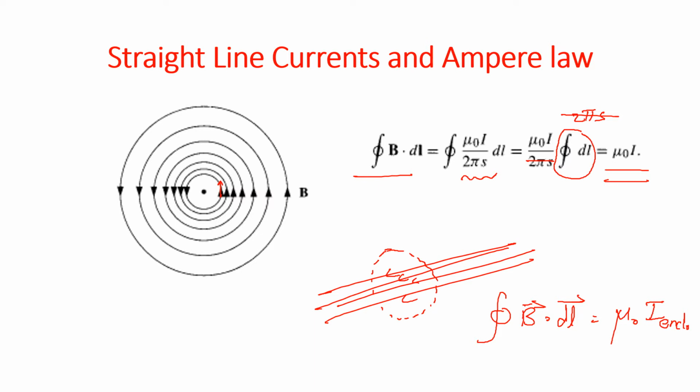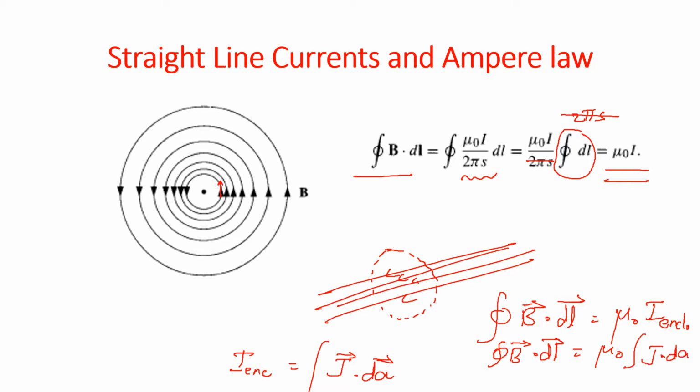Now we can write I enclosed equal to integral J dot dA. Applying this into the above equation and using the Stokes theorem, we learned many such theorems before starting the electrodynamics lessons. So first of all, we substitute: integral B dot dl equal to mu 0 times integral J dot dA.